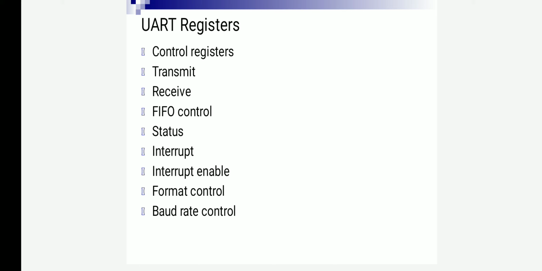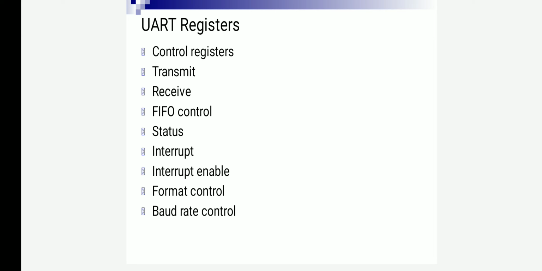The FIFO control register is used to store data in a first in first out manner, so a sequence of data must be maintained, which data has to be first in and first out. This is controlled by the FIFO control register.